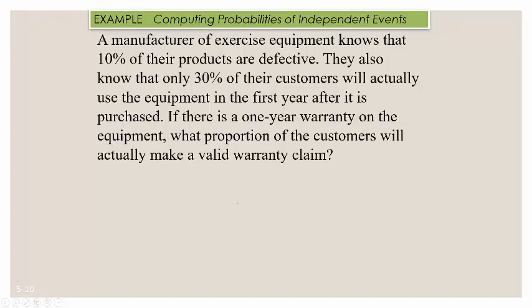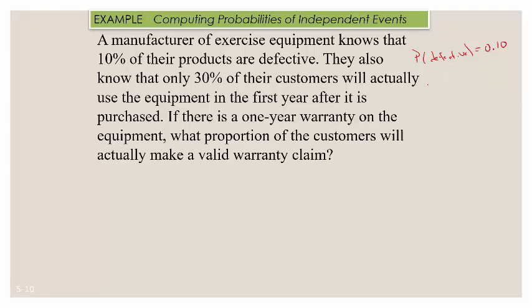Let's try this one. A manufacturer of exercise equipment knows that 10% of the products are defective. So we know the probability that a product is defective is 0.10.